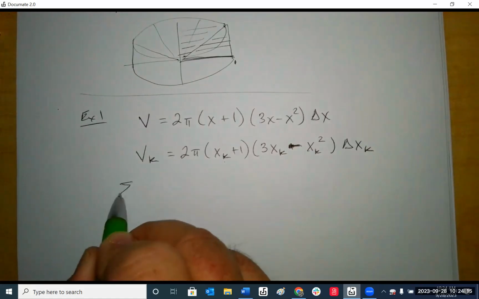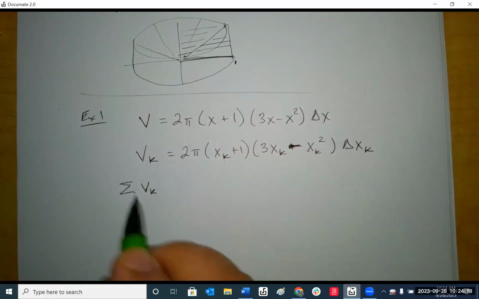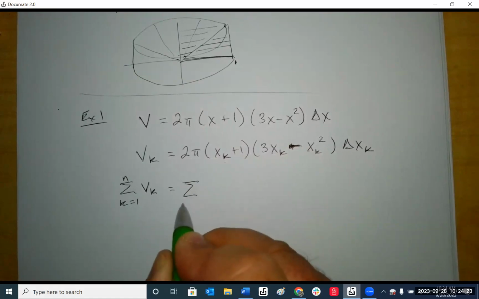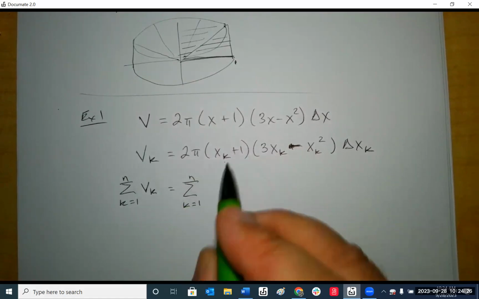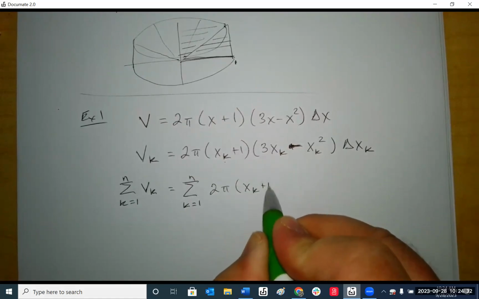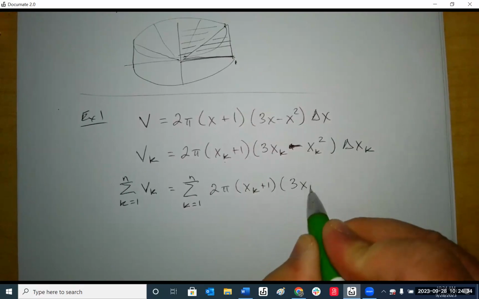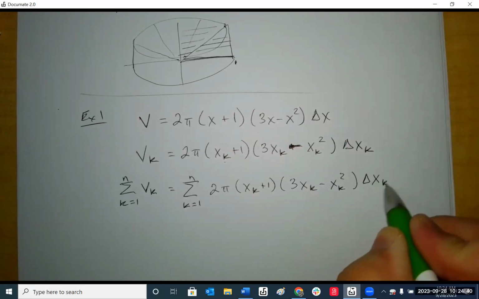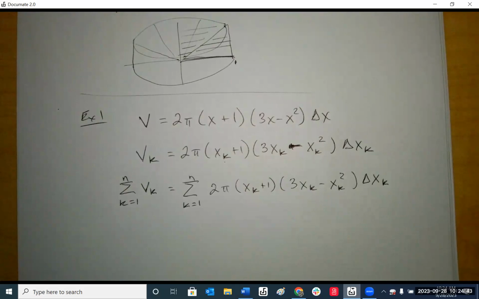What we have to do is add up all these slices. Everybody follow me so far, what I'm doing, where I got each of these pieces from?